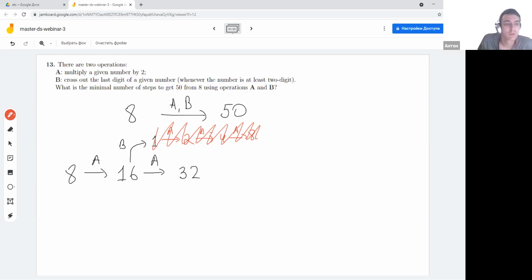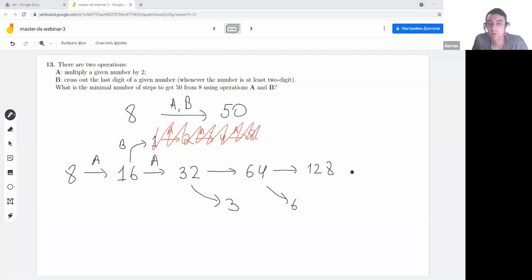When we have 32, we again have 2 options. Either we can multiply it by 2 or remove the last digit. For 64, we also have 2 options. And for this 128, we also have 2 options. Now, one may observe that for these options, there is only one way to proceed for each.